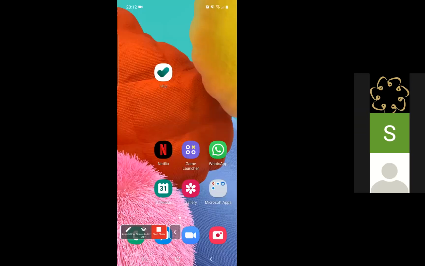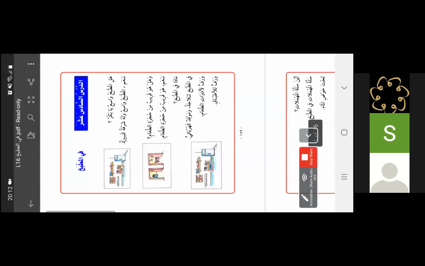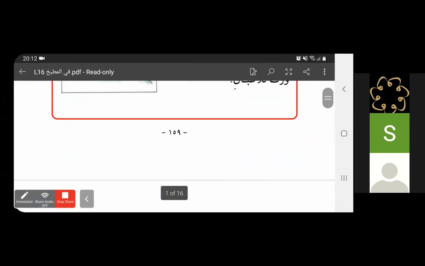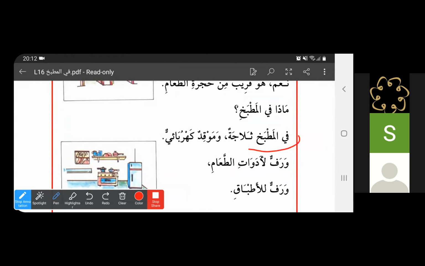All right. In the kitchen, I have fridge, I have stove, I have a shelf. طيب. If I say like that, ثلاجة وموقد كهربائي ورف لأدوات الطعام في المطبخ, it doesn't sound good.